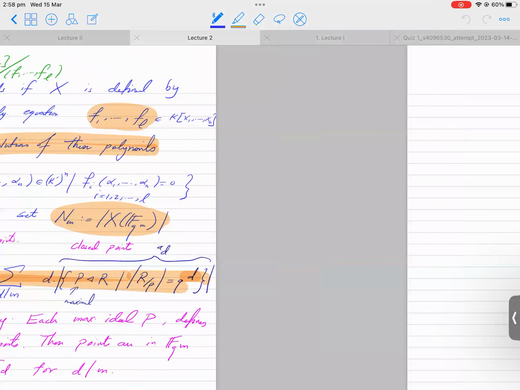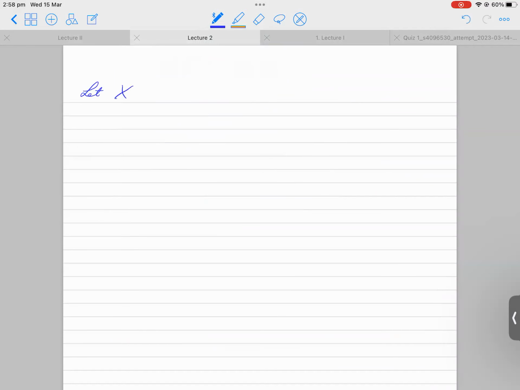So now suppose X is a curve. And remember that I defined the zeta of X to be the sum over all maximal ideals, right? Of 1 over N(I) to the S, right? This was our definition.